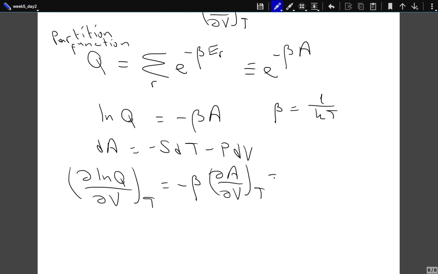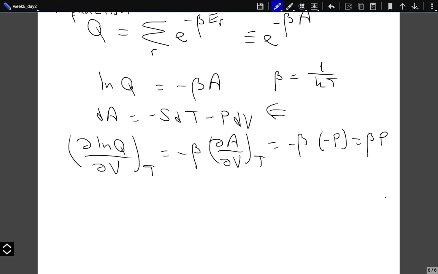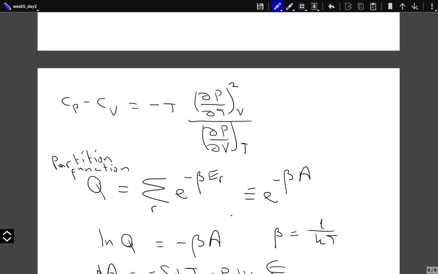But you see, from here, if T is constant, dT is 0. If you divide dA by dV, you obtain minus P. So P is nothing but kT times the derivative of the logarithm of q with respect to V at constant temperature.